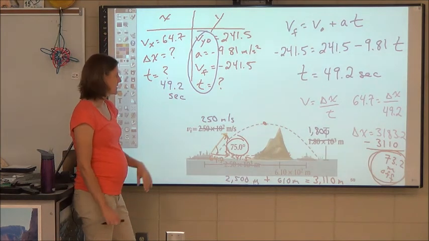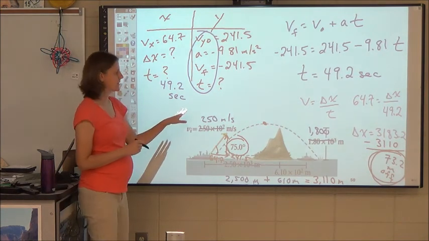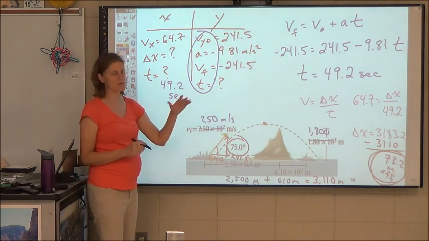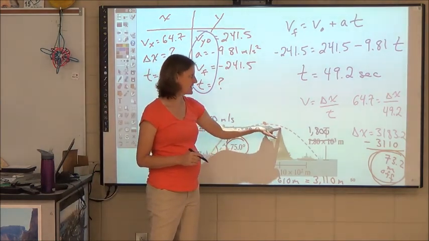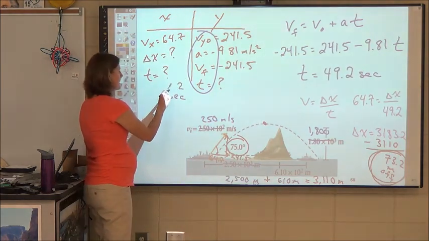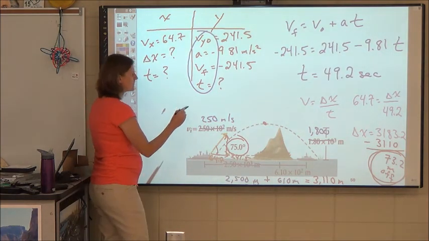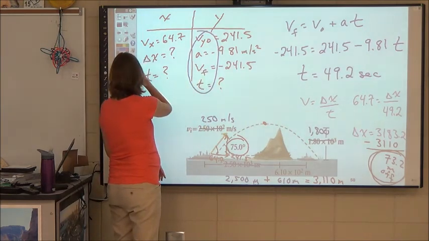I'm going to erase some of this, give myself a little more room. This 49.2 seconds is not relevant anymore because obviously it'd be less than 49.2 seconds to get that far. I'm going to erase my time. This final velocity is not relevant here either.